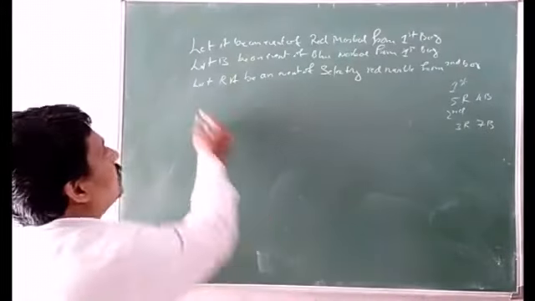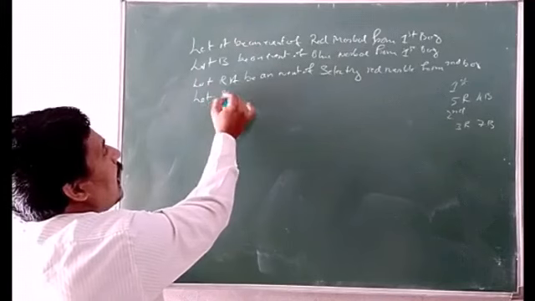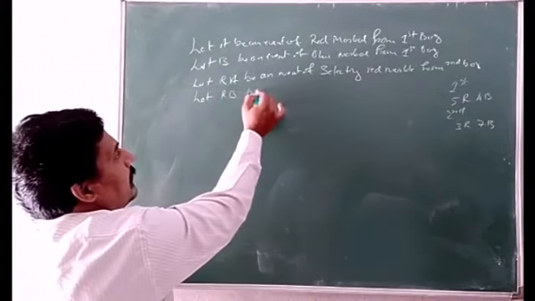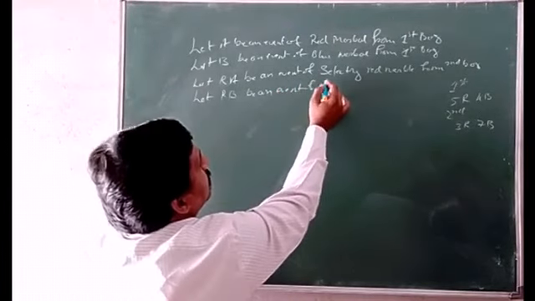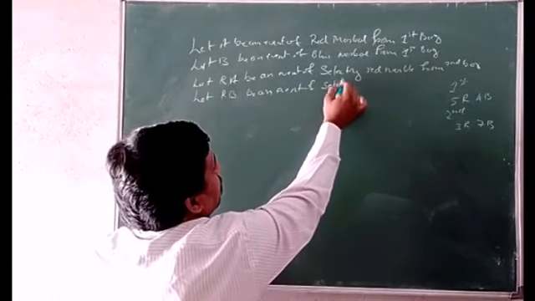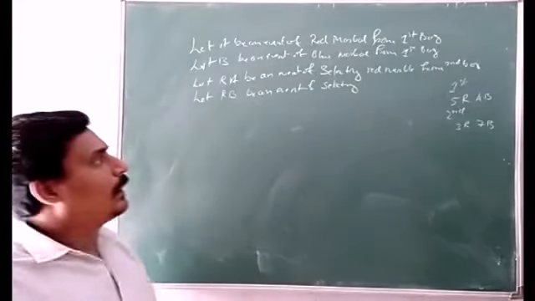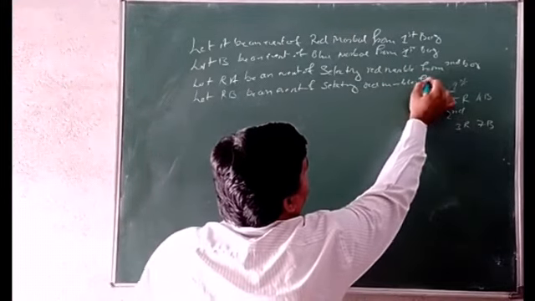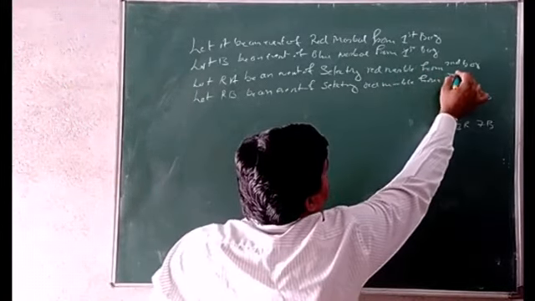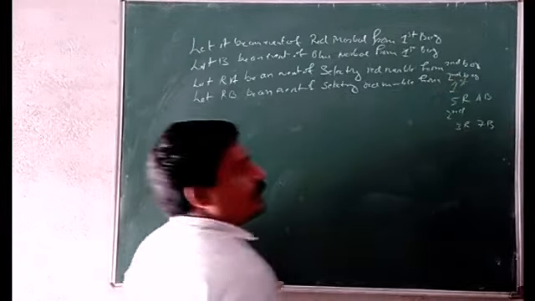Okay, then let R be an event of selecting, again, red marble from second bag after placing blue marble.